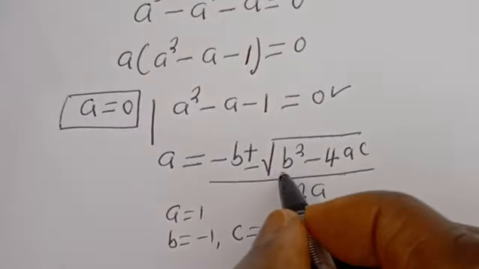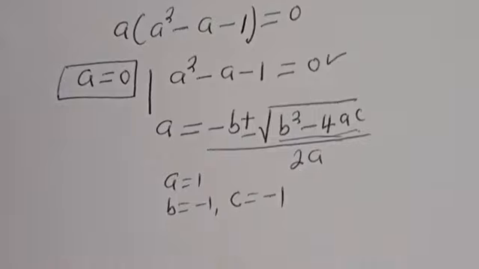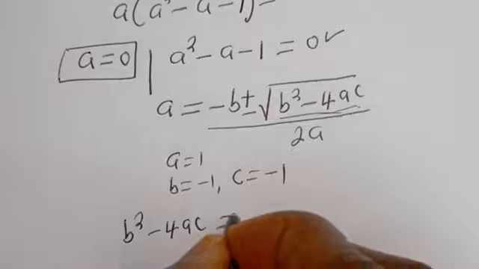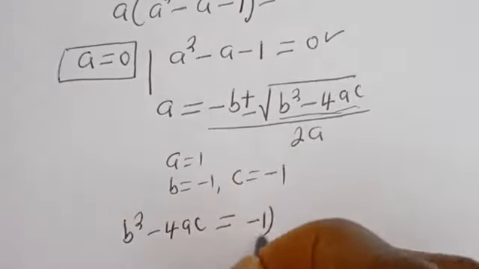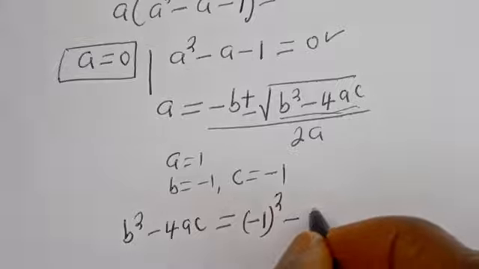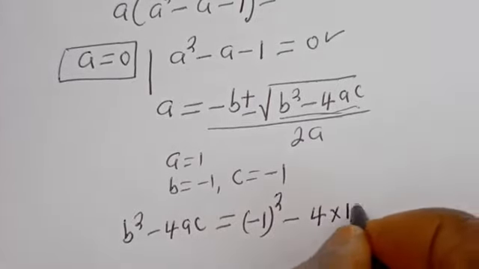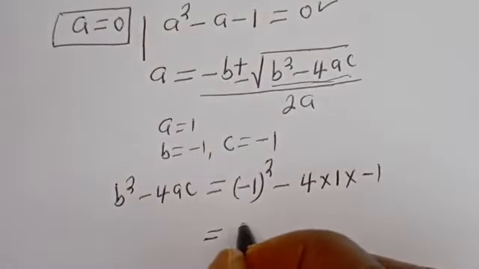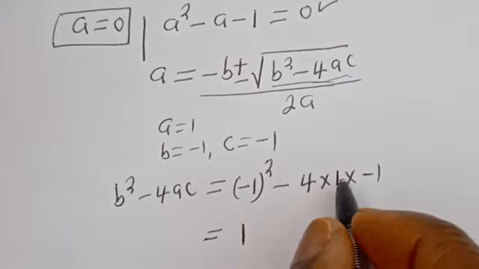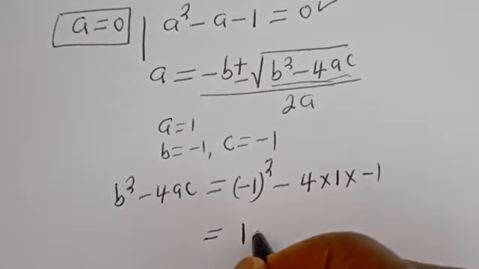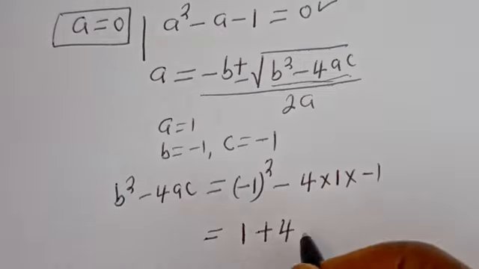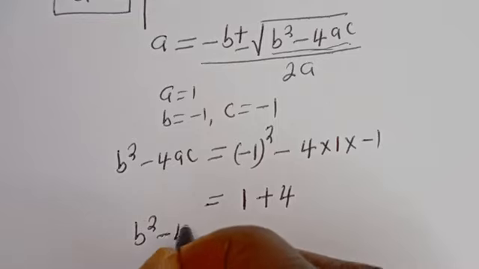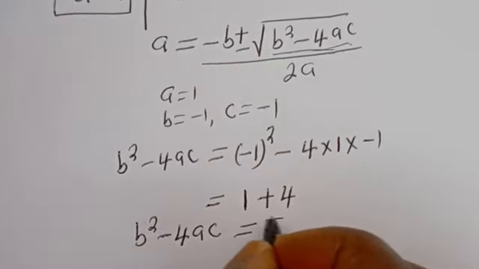So let's consider the discriminant first. b squared minus 4ac is equal to minus 1 squared minus 4 multiplied by 1 multiplied by minus 1. Minus 1 squared is 1, minus 4 multiplied by 1 multiplied by minus 1 is plus 4. Then b squared minus 4ac is equal to 5.